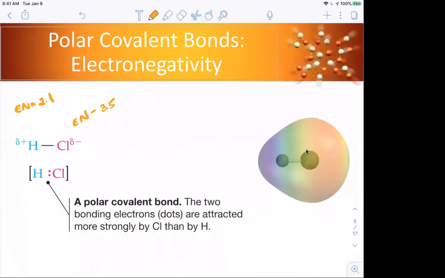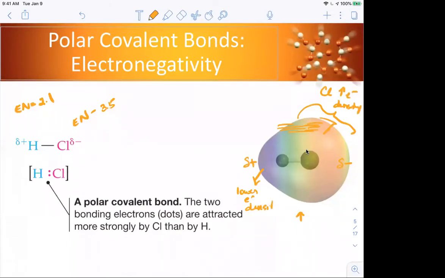But what I know, and you can see with this electrostatic potential map, is that this area of the molecule, the Cl, has an increase of electron density. Those electrons are being pulled over to that side, which means this is going to become partially negatively charged, and this is going to become partially positive, because this is lower electron density.